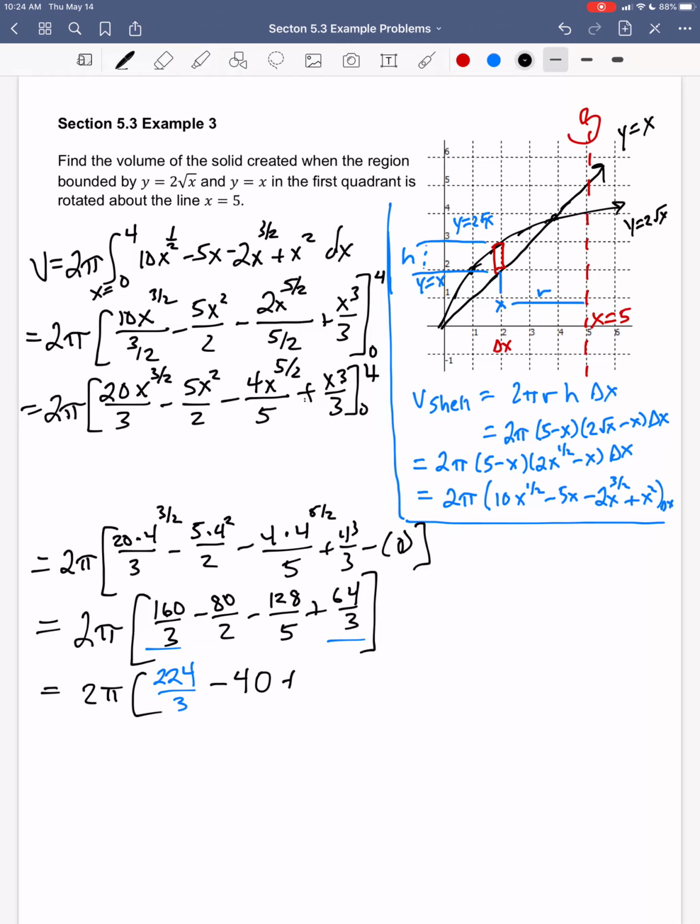If I want to switch everything to a denominator of 15, oops, no, I already did that. Wait, not 64 over 3, I already put that in. I've still got the 128 over 5.